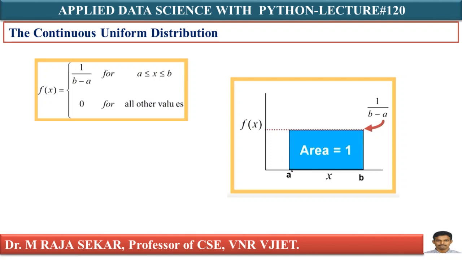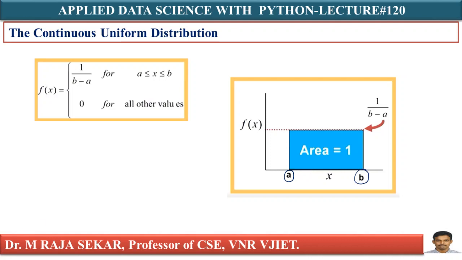It means your probability at a is 1 by b minus a, even the probability at b is 1 by b minus a, and the probability for every point which lies in between a and b is also 1 by b minus a. It will take all values in between a and b, including a and b.